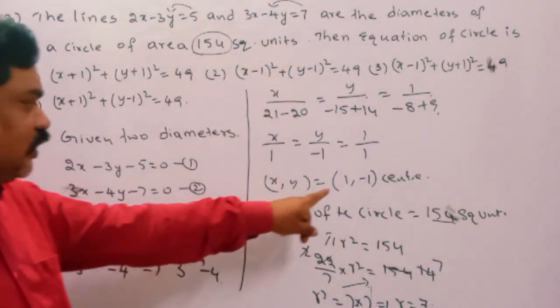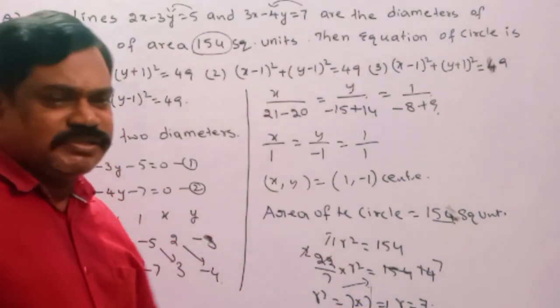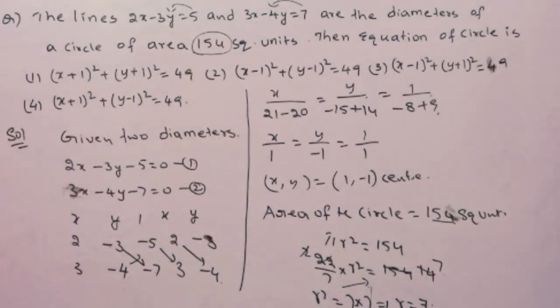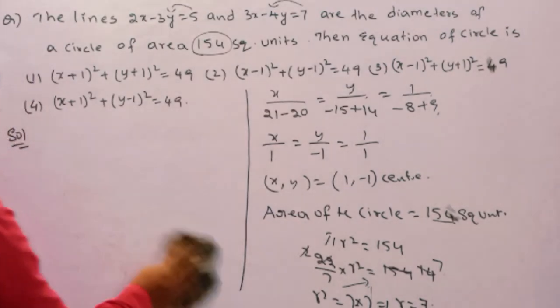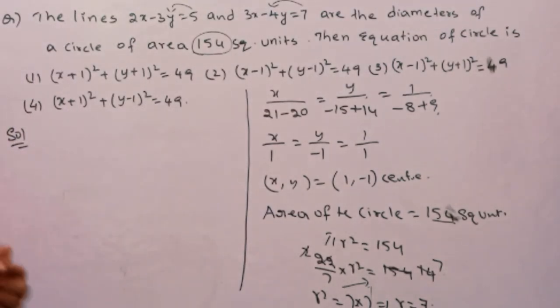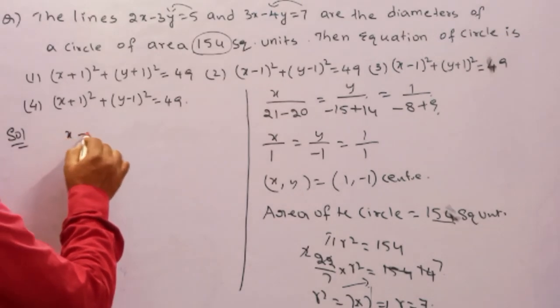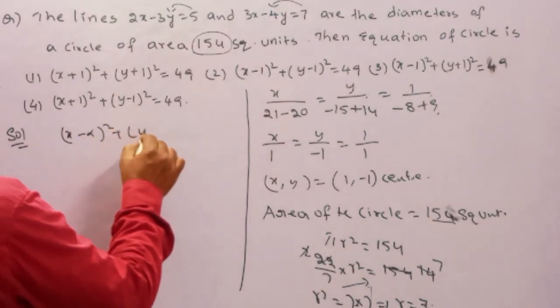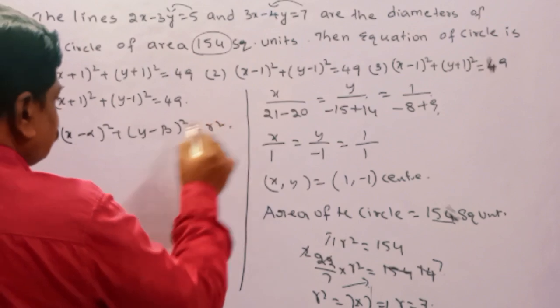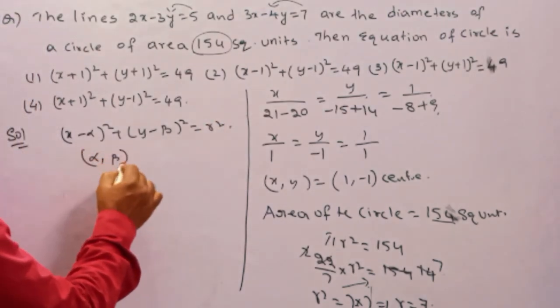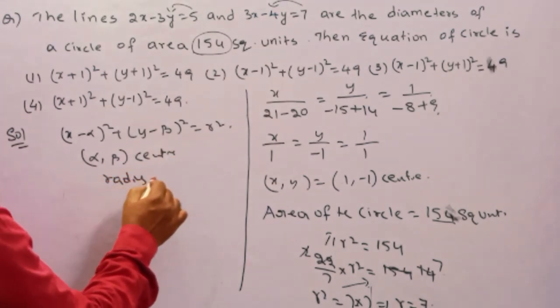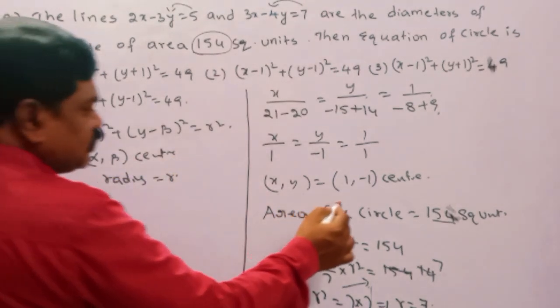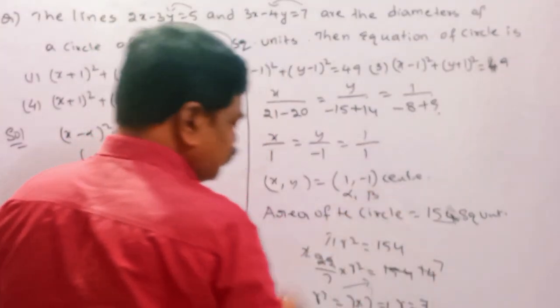The center of the circle and the radius are known. Then what is the equation of the circle? The standard form of the circle equation is x minus alpha whole square plus y minus beta whole square equal to r square, where alpha comma beta is the center of the circle and r is the radius.